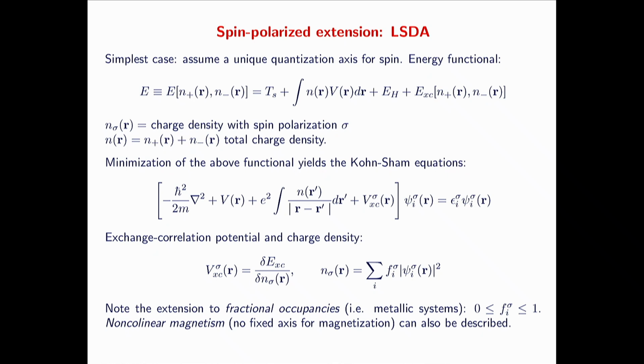But you may also consider the case in which you have a fractional occupancy, and this is important for metals. So you add, in this case, this occupancy, which of course ranges from 0 to 1.